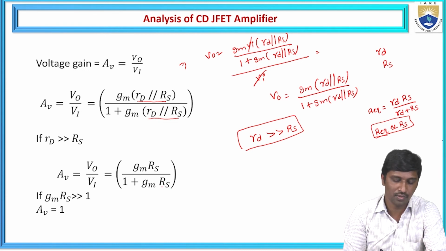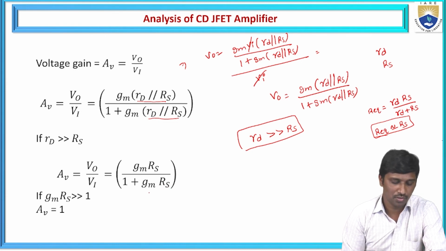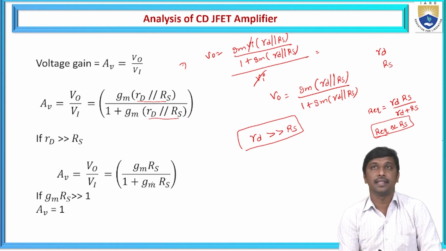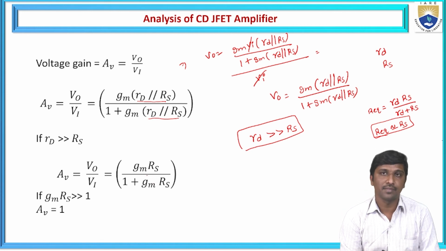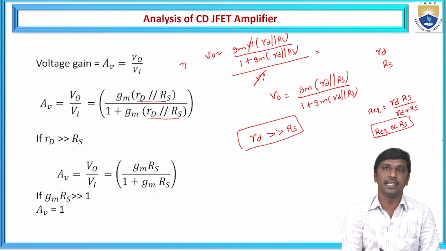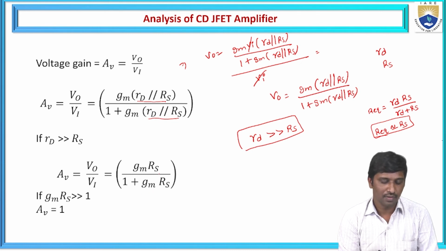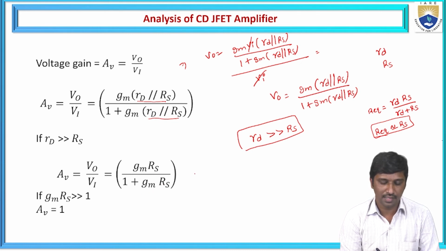Hence, this is Gm into Rs. When you observe this parameter, generally it should be less than 1. What is the voltage gain relation? AV is equal to Gm times Rs by 1 plus Gm times Rs. From this relation, it is always less than 1.